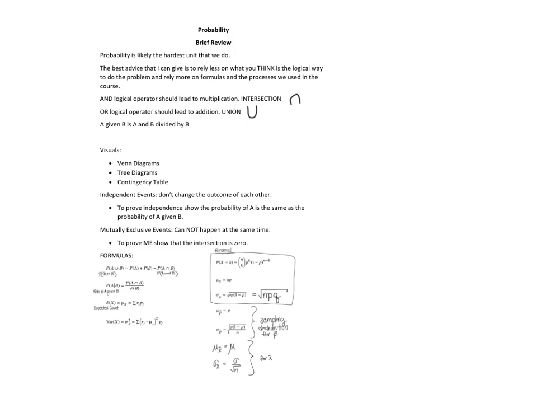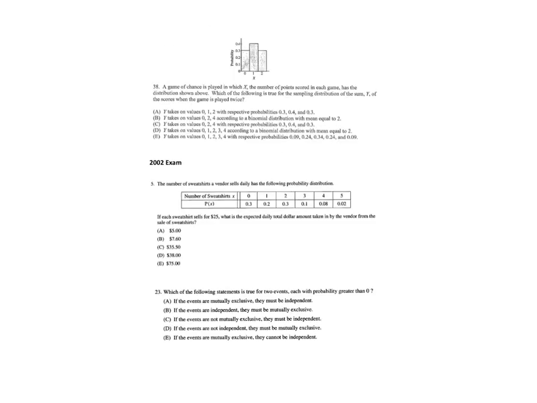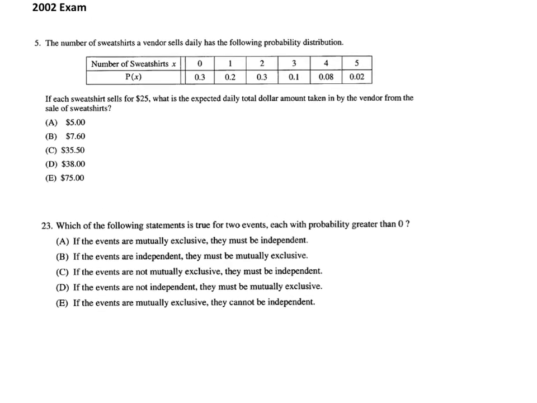Okay, so in this video, I am going to start with the 2002 exam questions. The number of sweatshirts a vendor sells daily has the following probability distribution. If each sweatshirt sells for $25, what's the expected daily total dollar amount taken in by the vendor for the sale of sweatshirts?